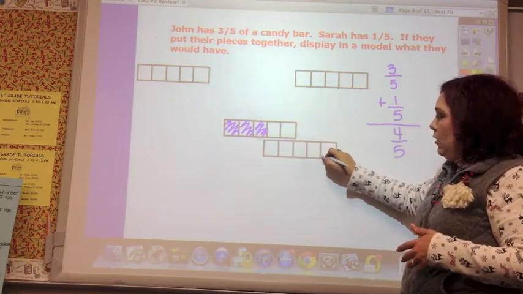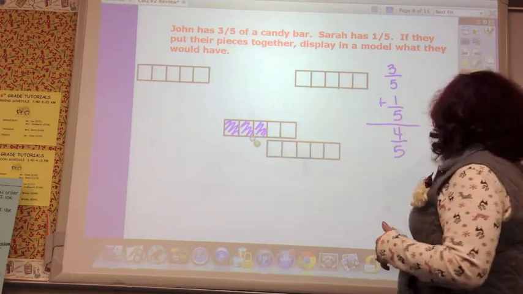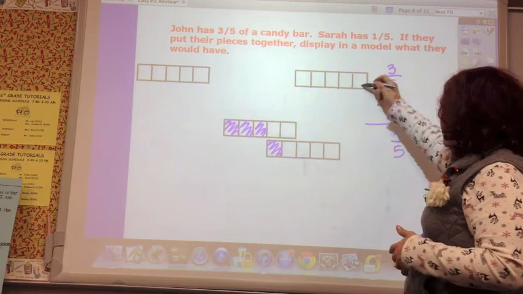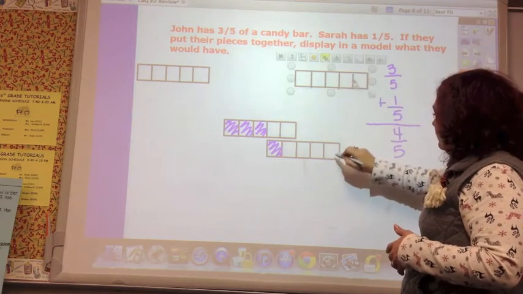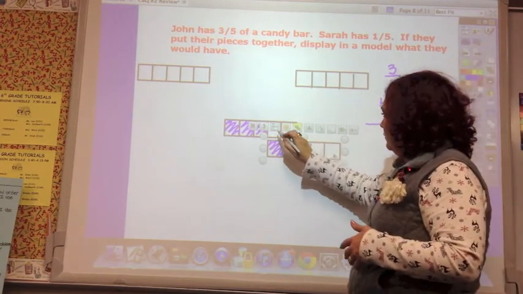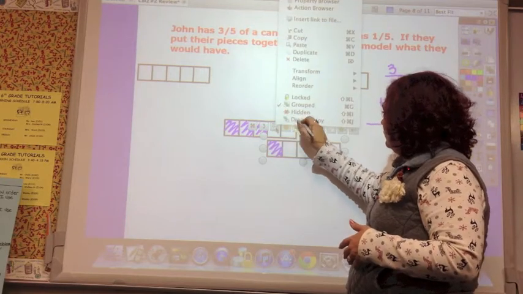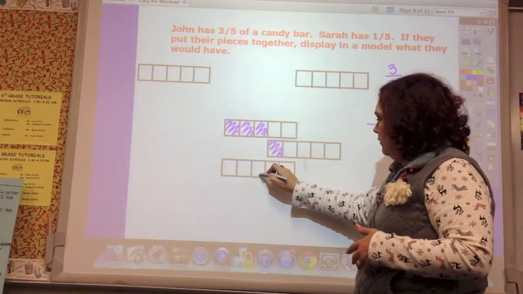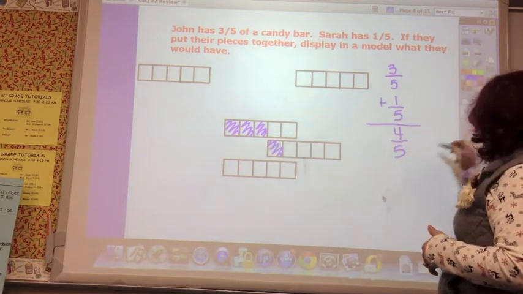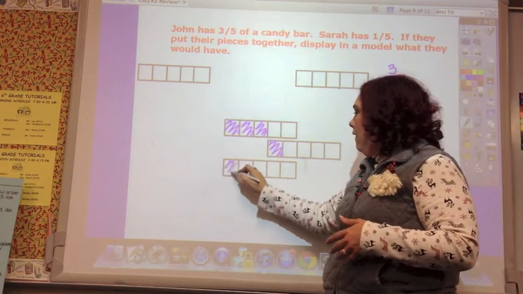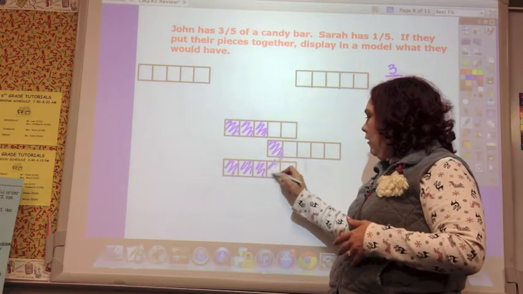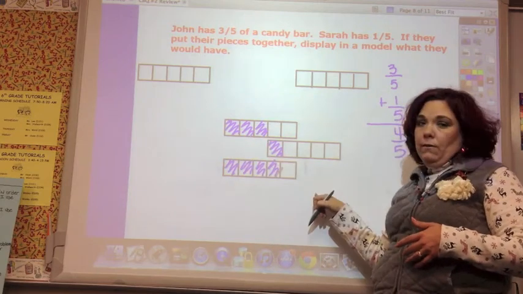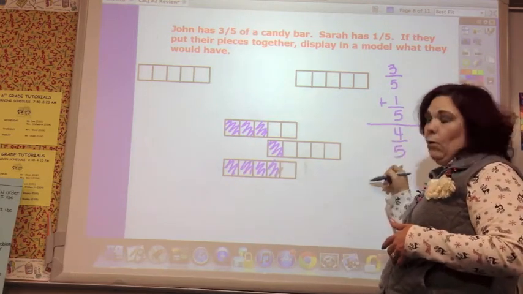So I have to go to where this one ended and add one more. And then my answer is going to be lined up with the beginning, and it's going to have all of this part shaded, because it shows 3 plus 1 equals 4/5, and that's what it shows, 4/5.